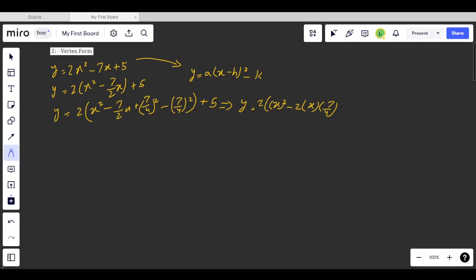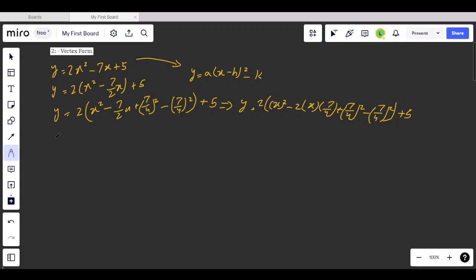So and plus (7 by 4) whole squared, bracket close, and plus 5.